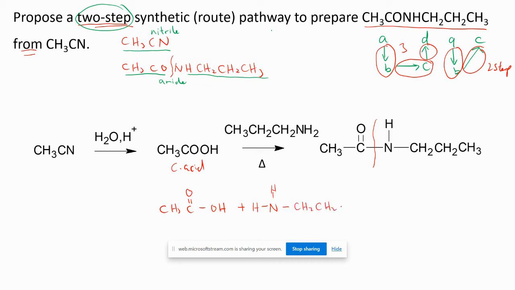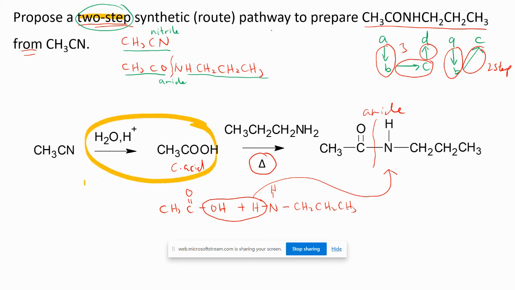So this part is eliminated, and then we will get our amide. But remember, you must put in heat, otherwise you will get salt first. Does this fulfill our requirement for our question? That is 2 steps. So this is the first step, and this is the second step.